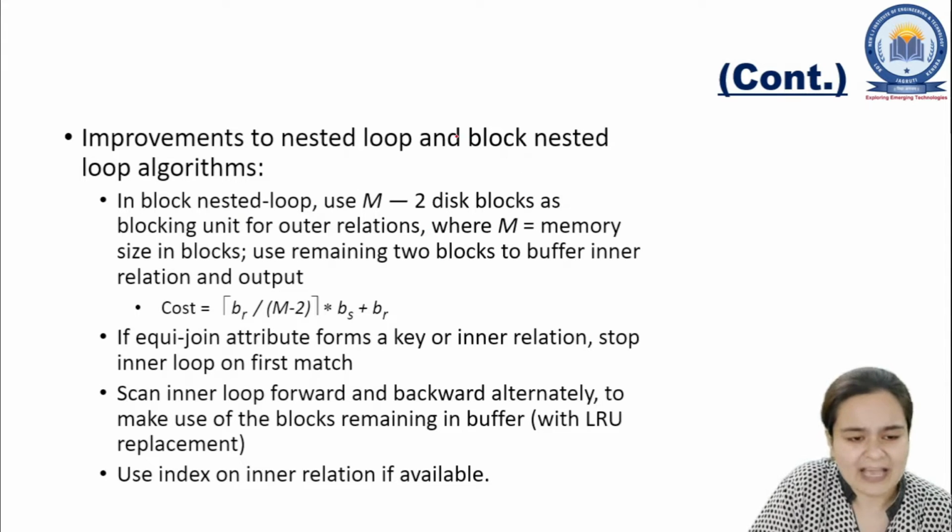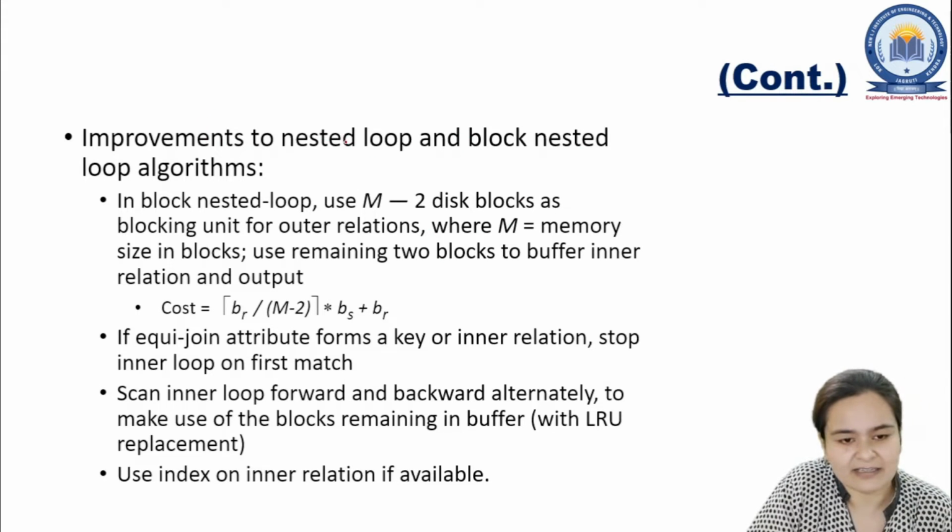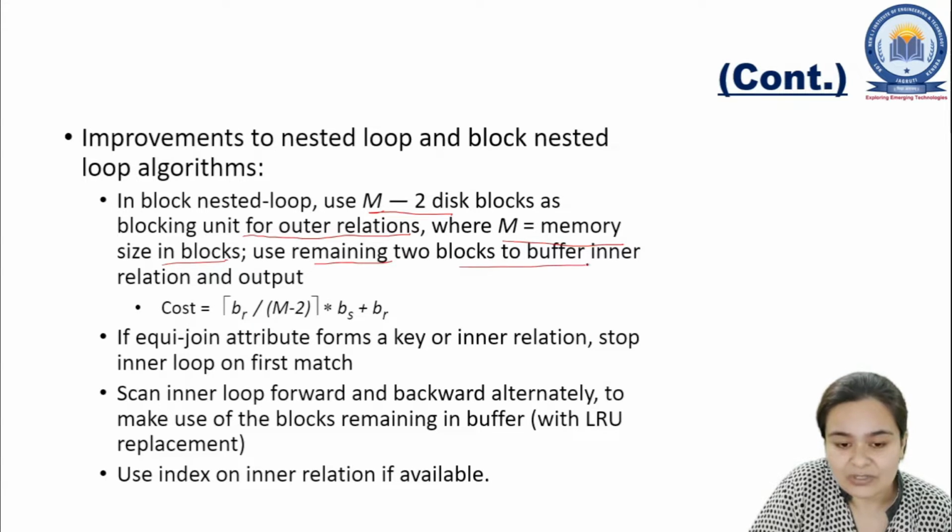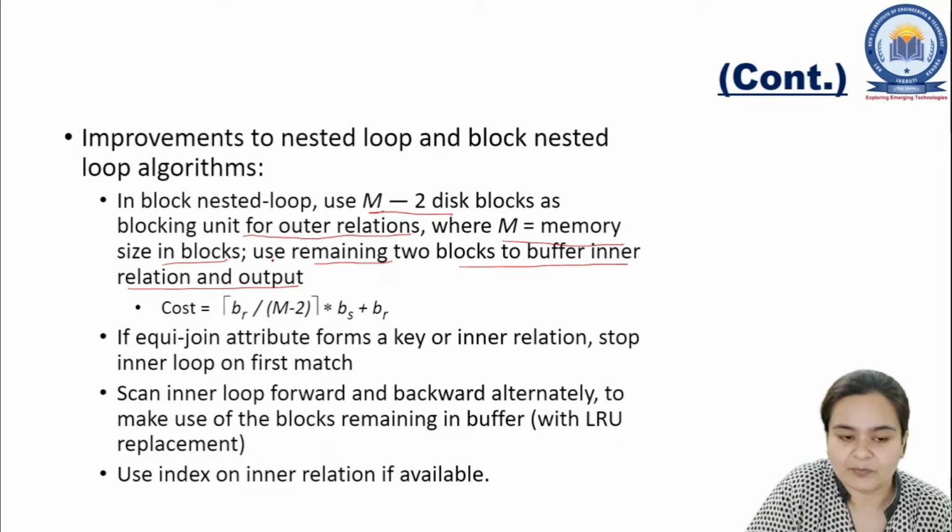So we have certain improvements in the nested loop and the block nested loop algorithm. Let's see what these improvements are. In block nested loop, we can use m-2 disk block accesses as the blocking unit of our outer relation, where m is the memory size in blocks. We use the remaining 2 blocks of the buffer for the inner relation and the output.